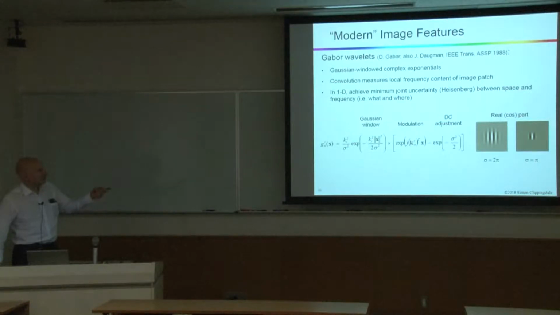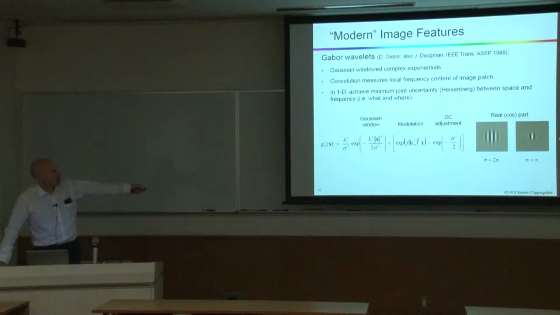This is a Gaussian window, which is like a big bell curve. This is a complex exponential, which is a sine and cosine. For a couple of different values of the width parameter, this is what one of these looks like. So it's a windowed patch of a sine wave grating.